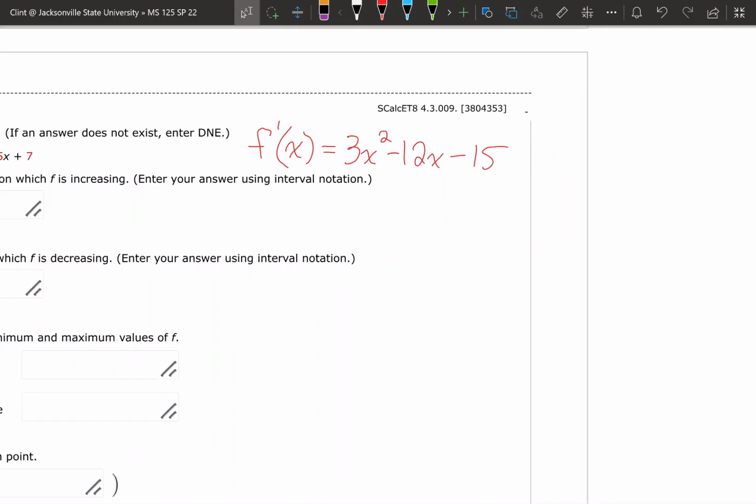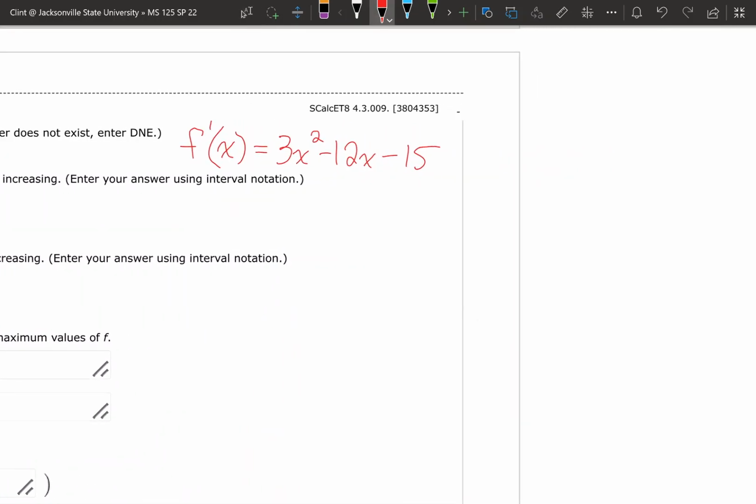We know where this won't exist because it's a polynomial, so for our critical numbers we're just focusing on where it equals 0. We do have a common factor of 3 we can factor out. So it's equal to 0.